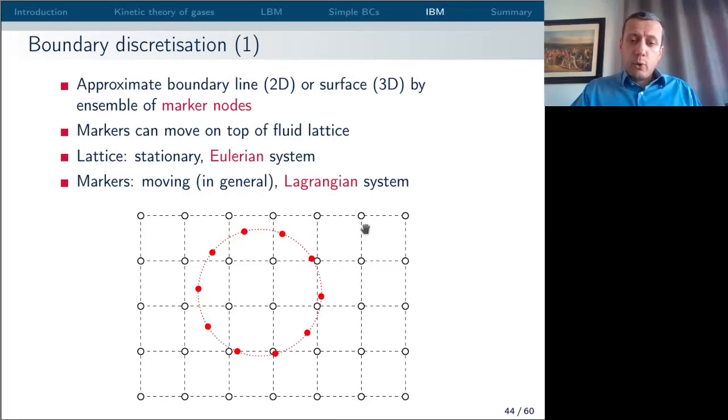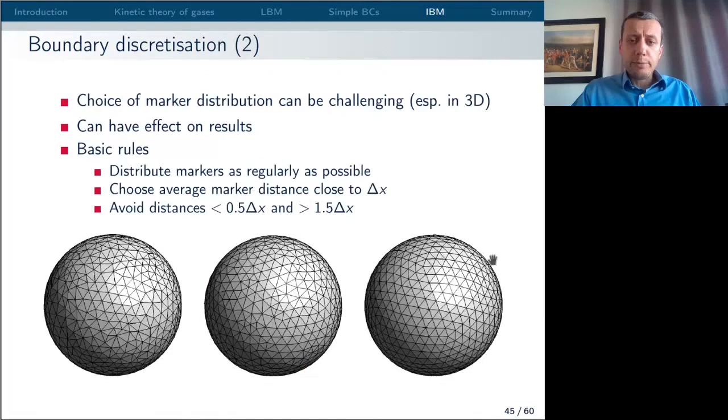You call the lattice system an Eulerian system. It is stationary. It's a regular lattice, and the markers can move in space in general. You can also have a boundary condition where they are not moving, of course, but you may have moving particles, suspensions, or whatever. And this is called a Lagrangian system, because in principle these particles can move.